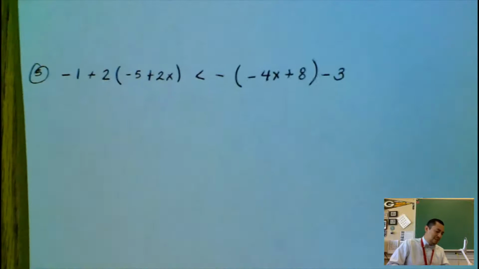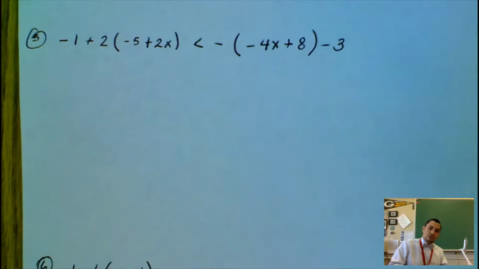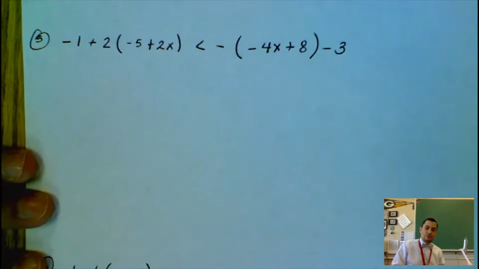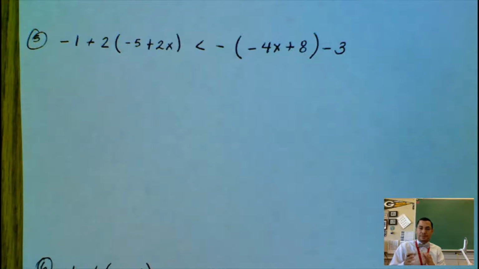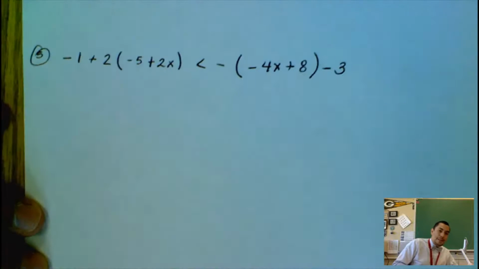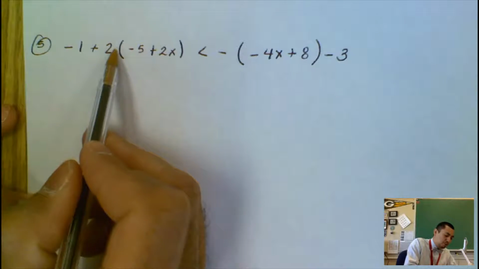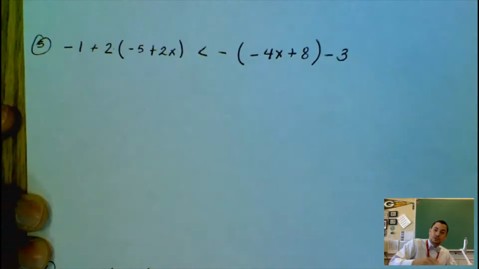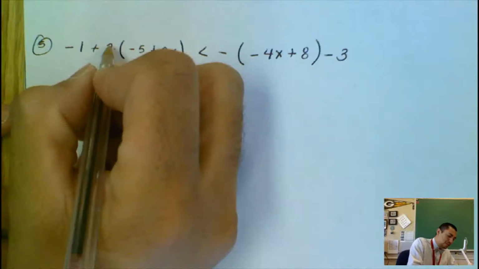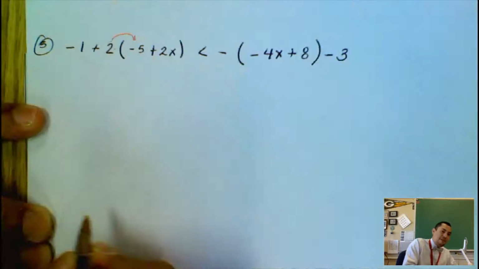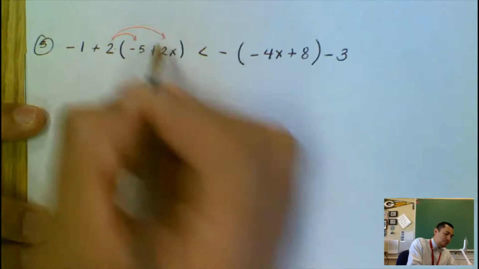So in this case, look at that one. Again, multi-step inequalities. We are simplifying with the distributive property, then putting together like terms. So in this case, be careful. You cannot do negative 1 plus 2 because this 2 is multiplying the parentheses. Parentheses go first. They get priority. So 2 times negative 5, 2 times 2.